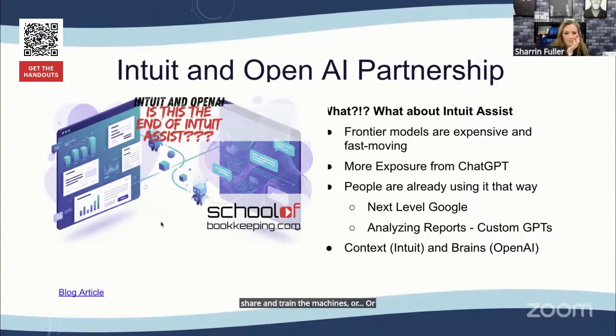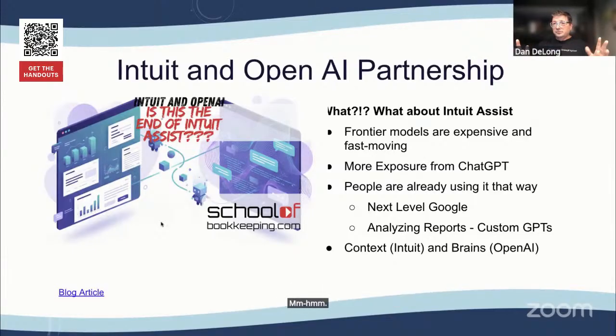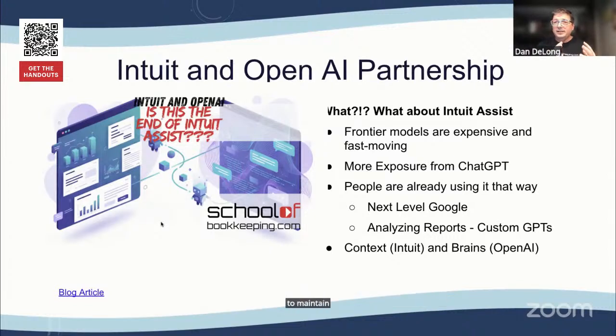That's a setting, and I'm sure all of those check marks are going to be set to allow that to continue to occur, with the data anonymized through whatever language models they're ultimately using.